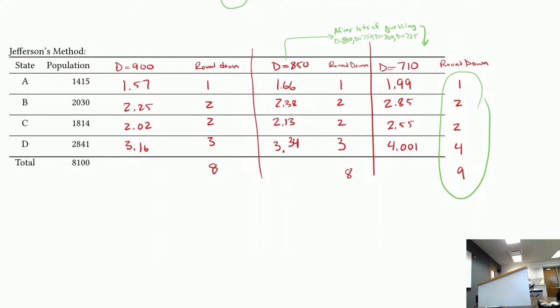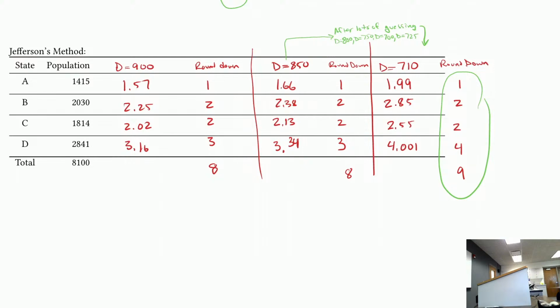But I tried the divisor 900, which I think was the standard divisor, rounded down, and I got 8. I think I'm supposed to apportion 9. Because this was too few, I reduced the divisor to 850, rounded down, and I still got 8 for my total.